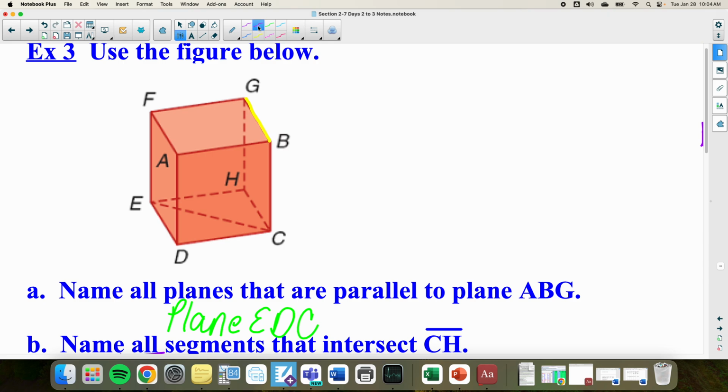They can't touch it and they can't be in the same plane, or you also can't draw a plane through the two of them. So here's what I mean by that. You know this line ED? Couldn't I diagonally draw a plane through this box that would go through both of them? So that means they would be coplanar because I could do it. So then I wouldn't include this one.